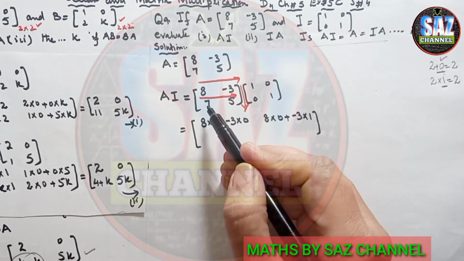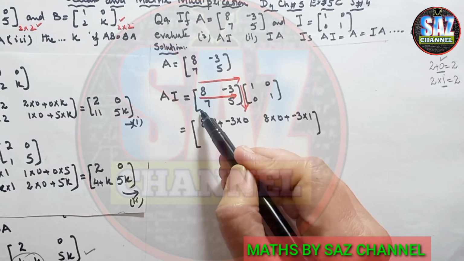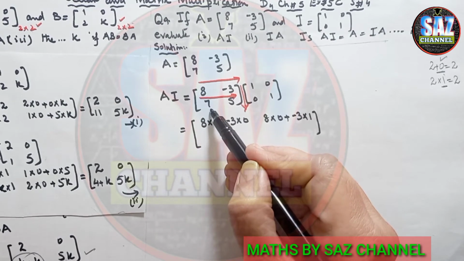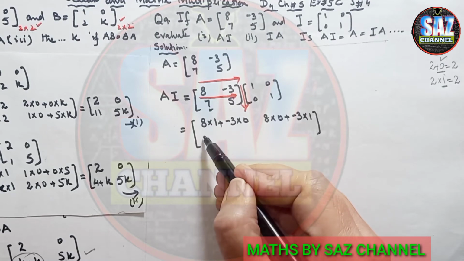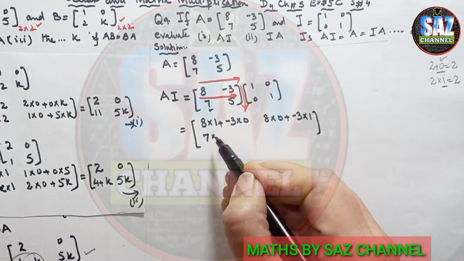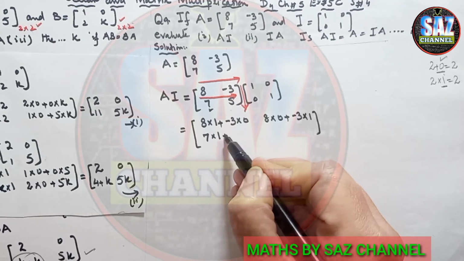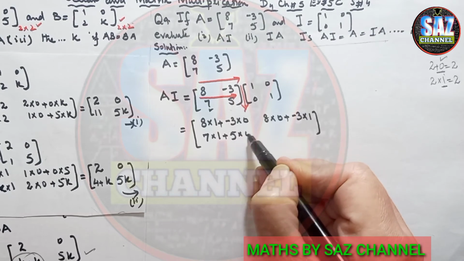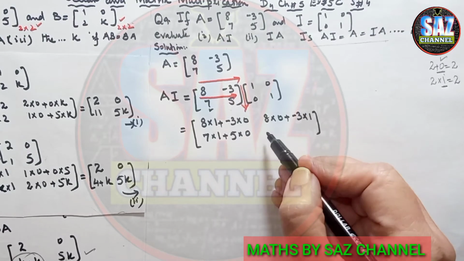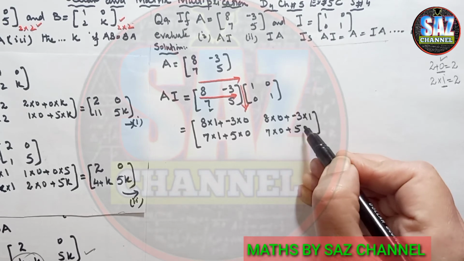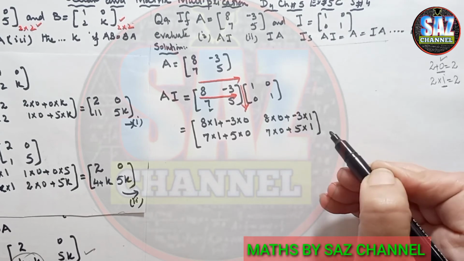Now I have to come to the second row of the first matrix. I have to select 7, and this 7 will be multiplied by 1, 7 multiplied by 1, then plus 5 multiplied by 0, then 7 multiplied by 0 plus 5 multiplied by 1.